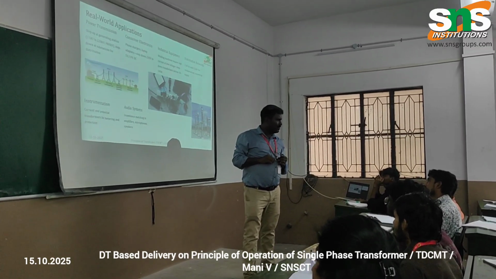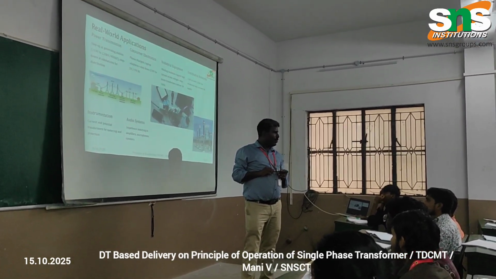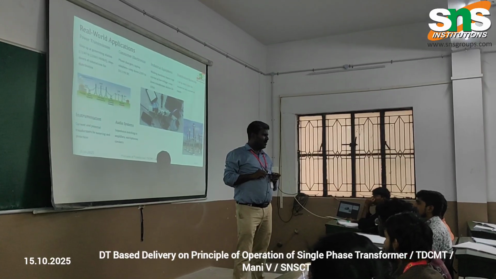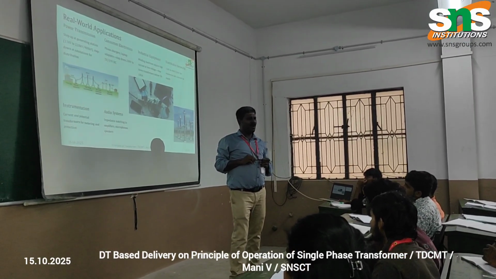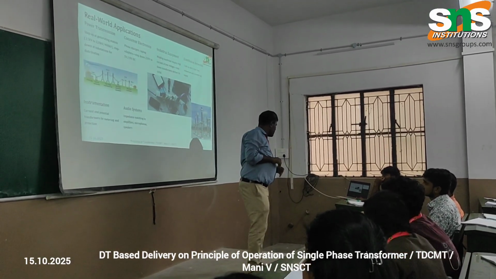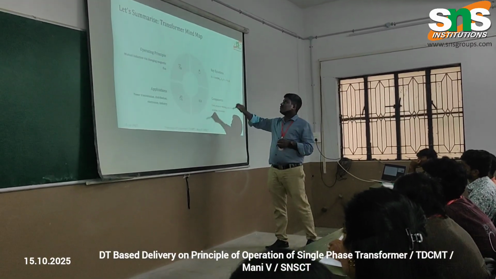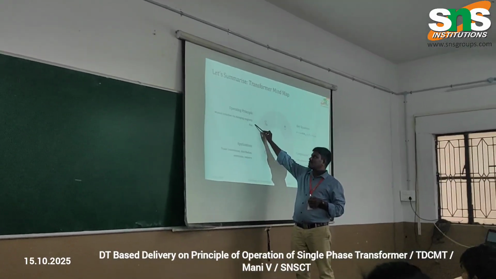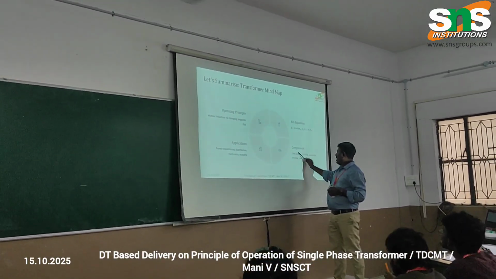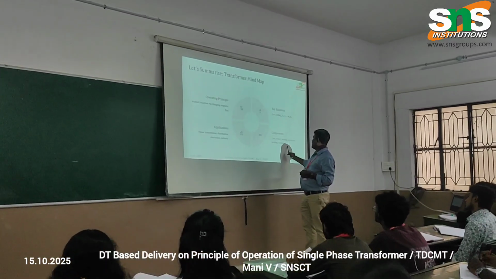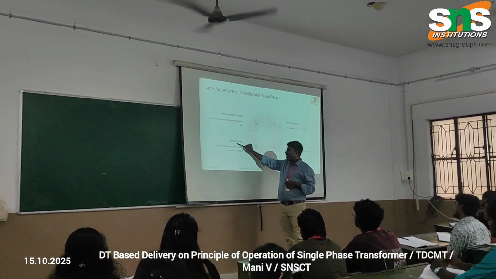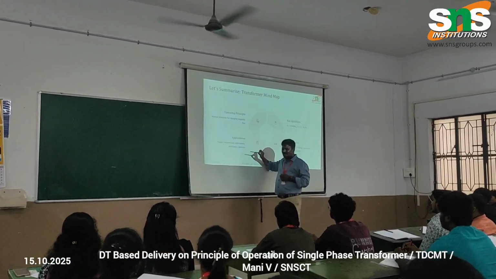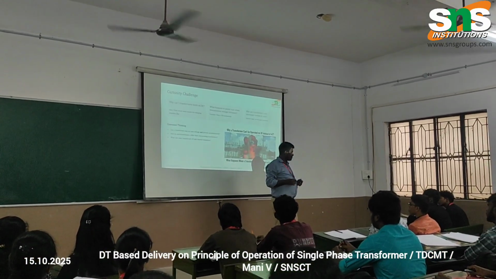So we use the transformer to step up or step down the voltage. So to summarize, we covered the operating principle, the EMF equation, and the components like core, primary, secondary, ratings, and applications which are used in transmission, distribution, and household operation.